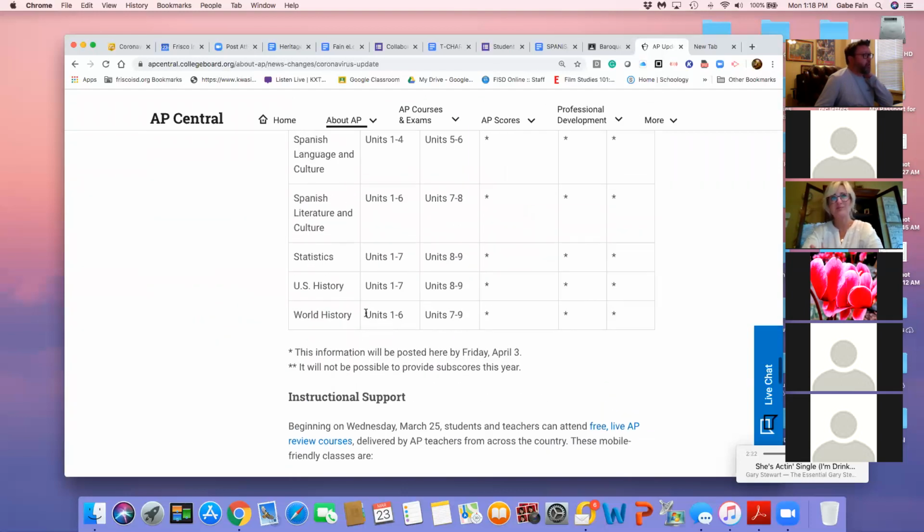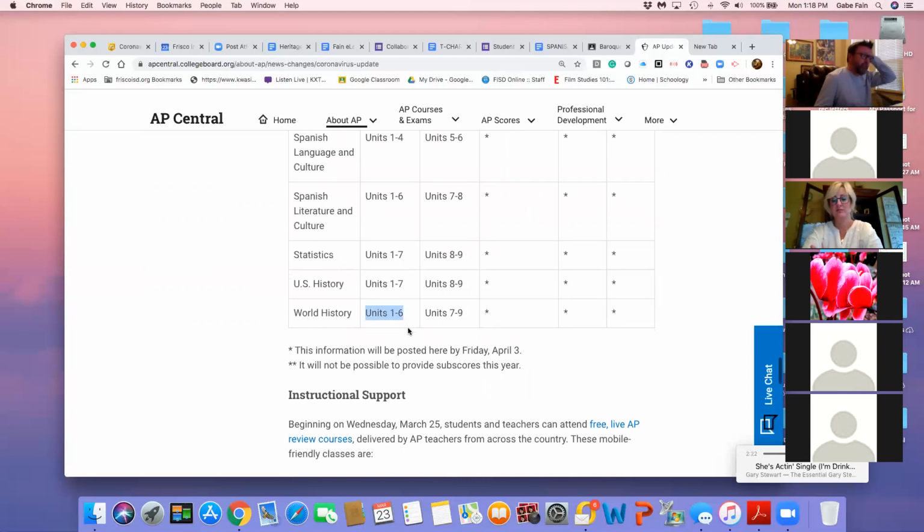Now, unit 1 through 6 doesn't make sense to you because we haven't talked about things like that. But what units 1 through 6 mean chronologically is the only thing testable is 1200 CE, the post-classical era, through 1900, which is modern but not the 20th century.